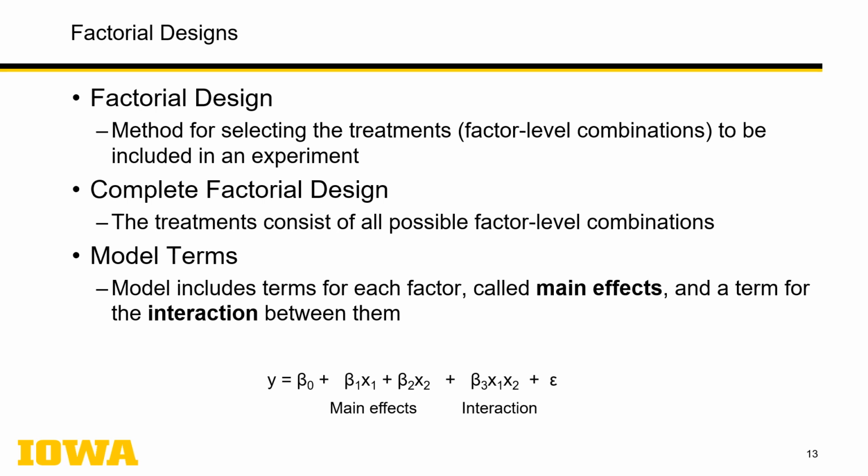And to be certain that you have a complete factorial design, which means that you have all possible factor level combinations covered as part of the treatments that you are going to apply.